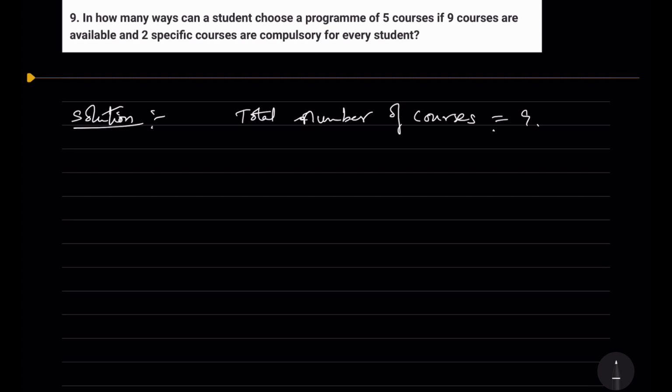So among all the subjects, 2 of them, say math and English, are fixed. The remaining you can select from the other remaining. So from 5 you are removing 2. First you have to select 5 from 9, and 2 of them are compulsorily from this. If you remove 2 from this, the remaining left over is 3.